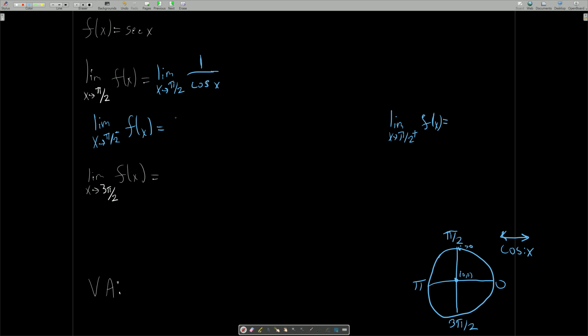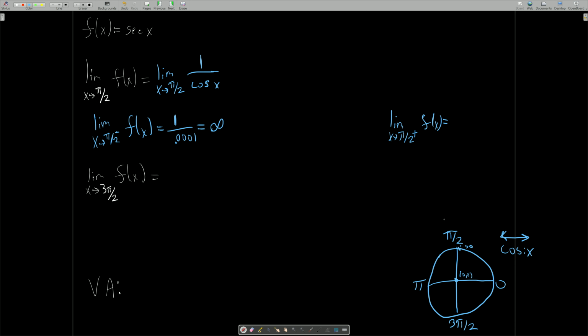What that means is that you have 1 over cosine x, so cosine x is slightly bigger than 0. Let's say 0.0001, right? That means you'd have a really big positive number. As we discussed before, that means the limit as x approaches pi over 2 from the left is positive infinity.